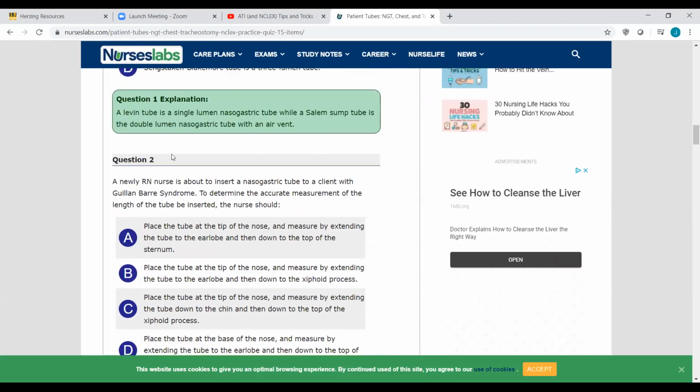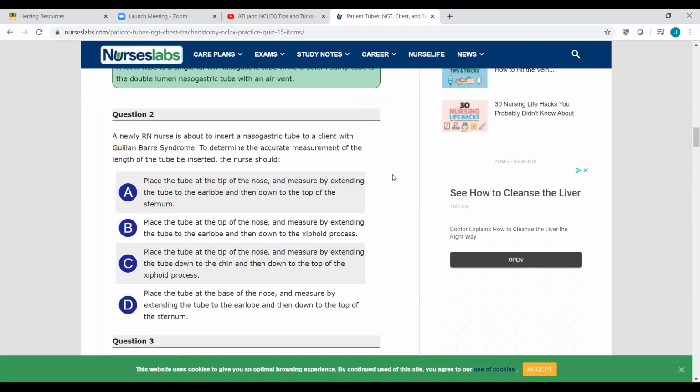Okay, so here they're talking about Guillain-Barré syndrome. Remember we just talked about that the other day. So a newly licensed RN is about to insert a nasogastric tube to a client with Guillain-Barré syndrome. To determine the accurate measurement of the length of the tube to be inserted, what do you do? Nasal, xiphoid, those kinds of measurements.